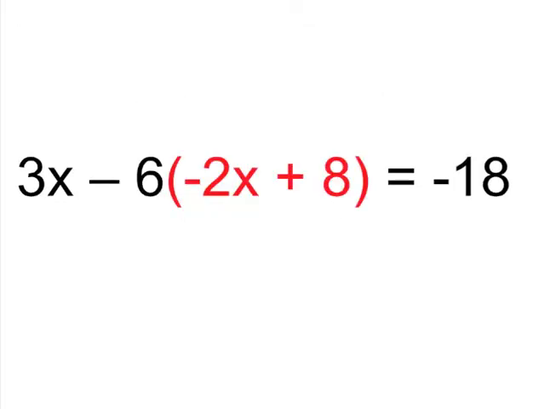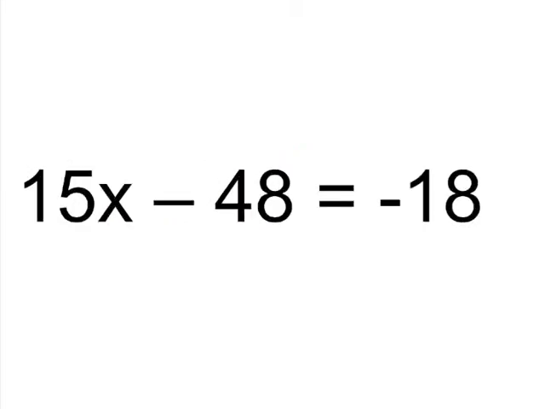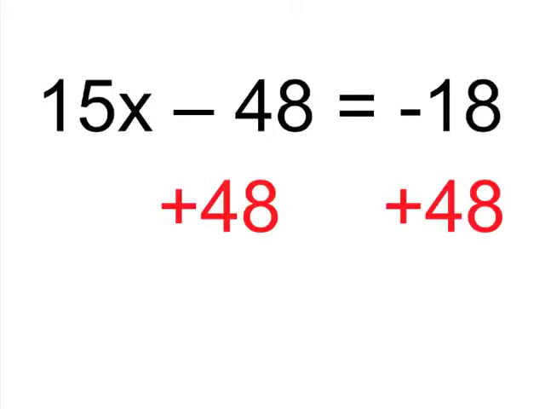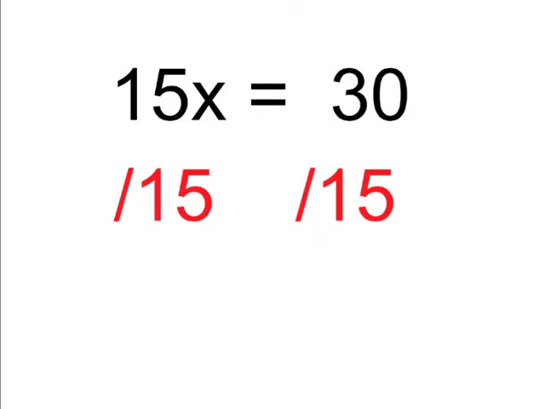Since the first equation tells us what y is, we can replace the y in the second equation with negative 2x plus 8. Then you distribute and combine like terms. This looks familiar, we must be right.